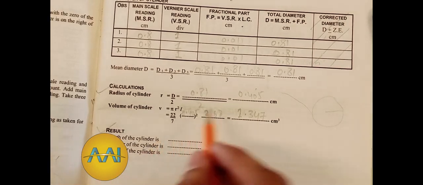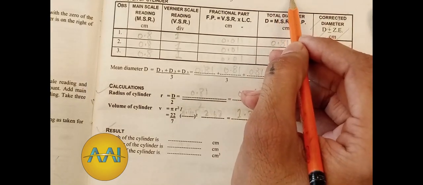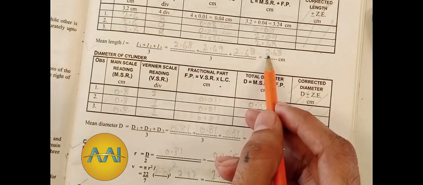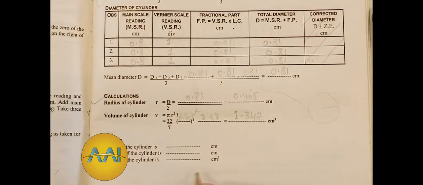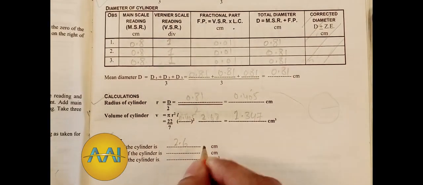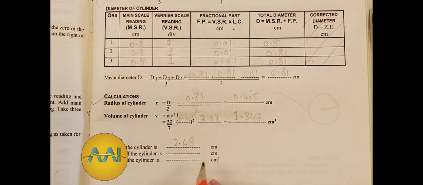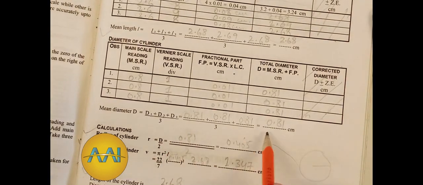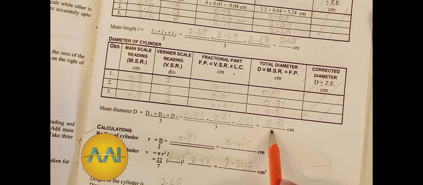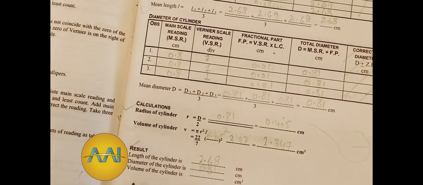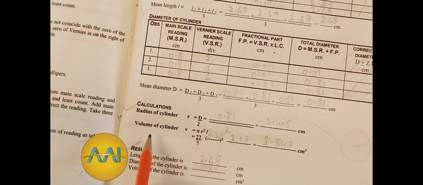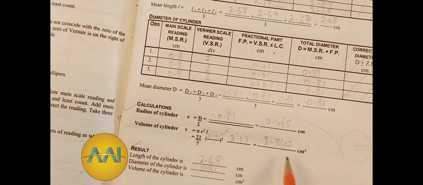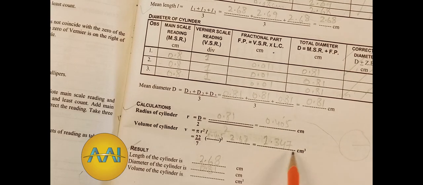Now the time to write the result. The length of the cylinder you have found is 2.68. Note it down here, 2.68. The diameter of the cylinder is 0.81. Note it down here, 0.81. Last, the volume of the cylinder is 1.347.